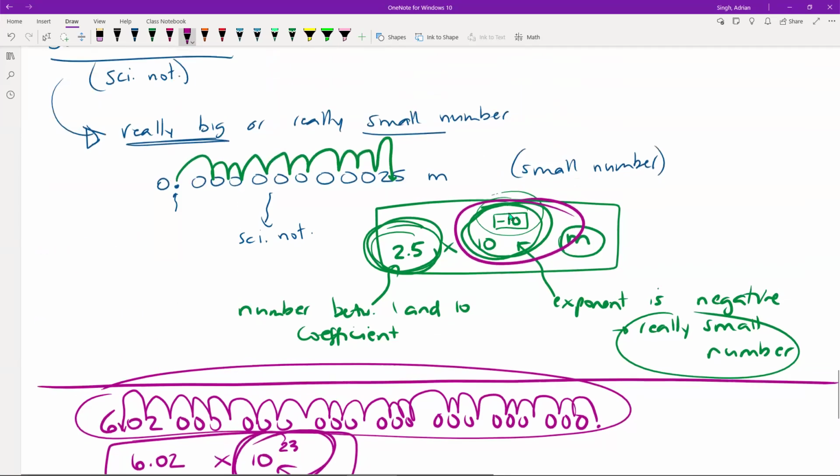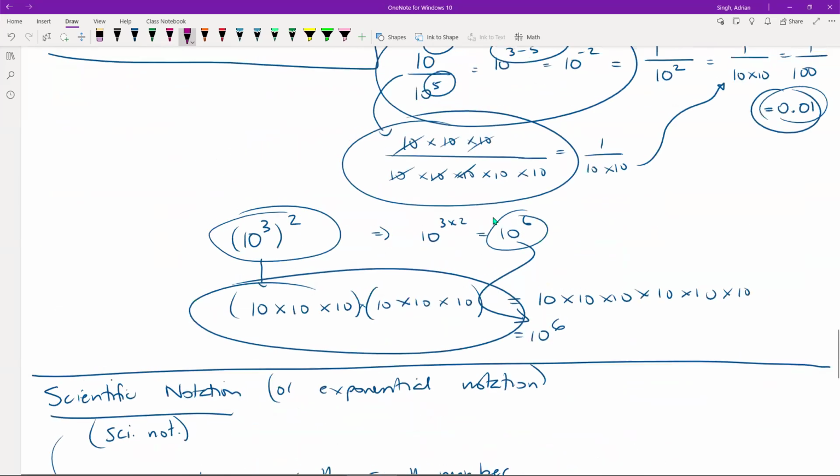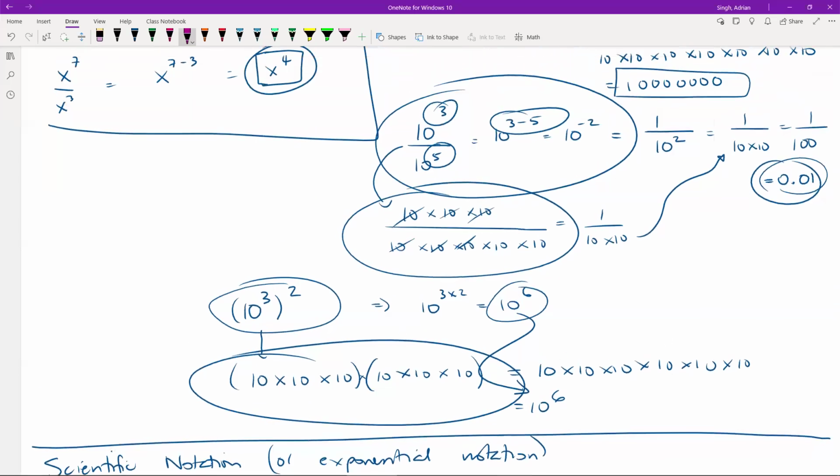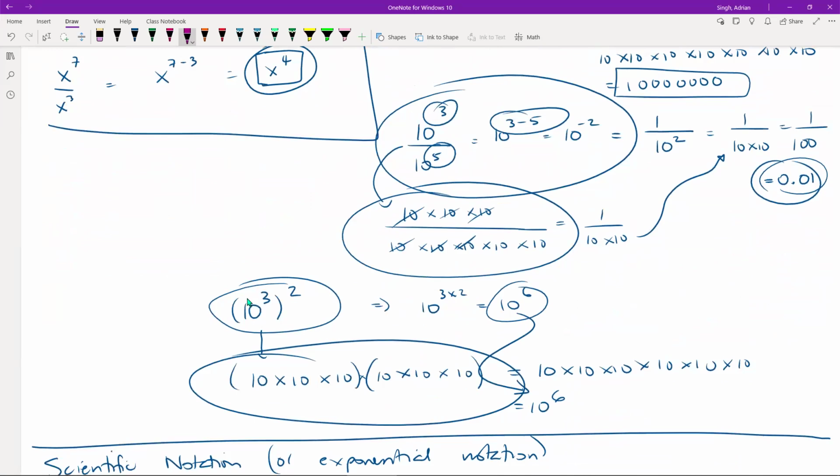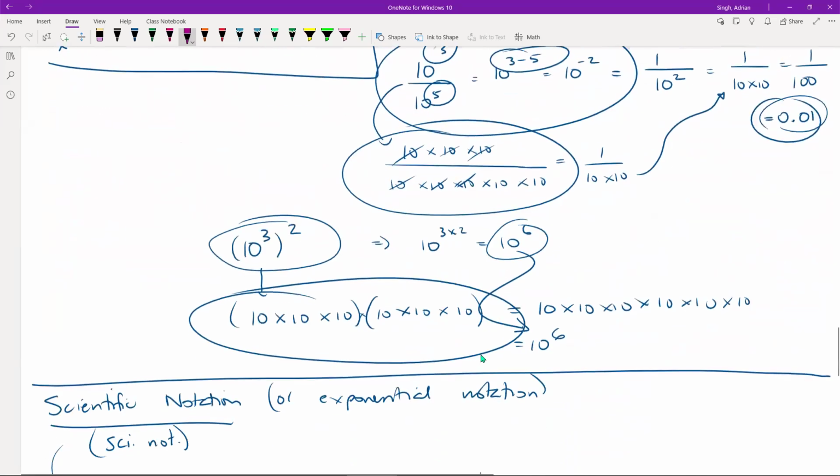Okay, let me jump back up here really quick. There's something I forgot to address when it came to these exponents. So we talked about multiplying. We just added them. If we divide, we subtract. Sometimes you'll see some other things.